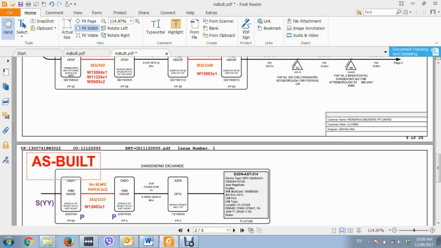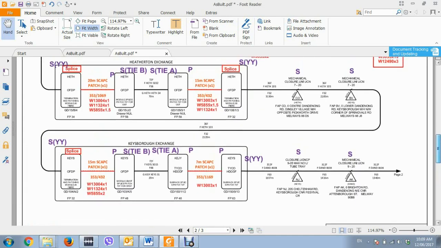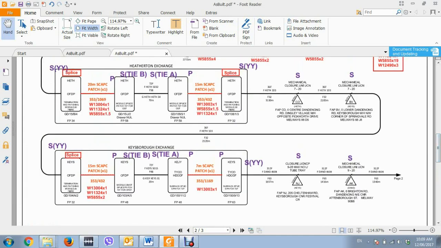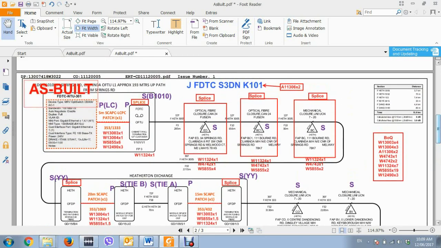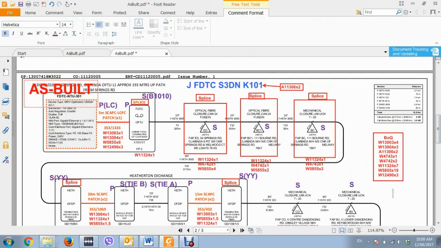So here we have 1, 2, 3, 4, 5, 6, 7, 8 and 9. So right here we have 9 through connects.